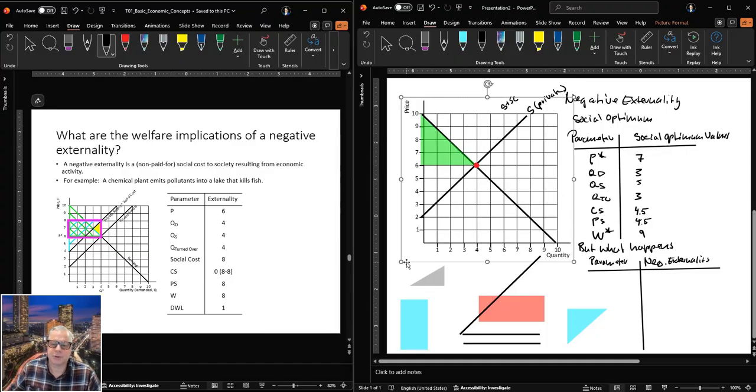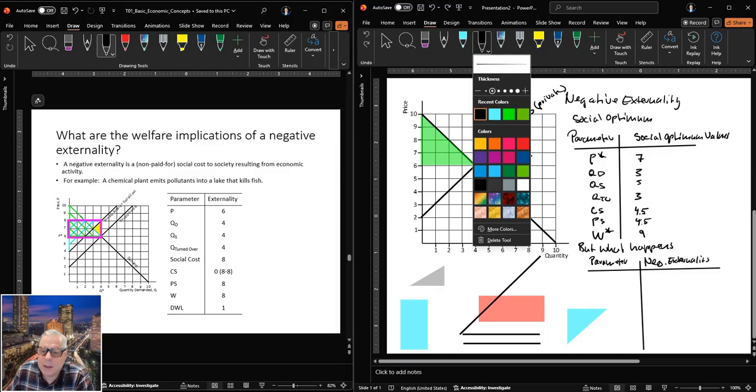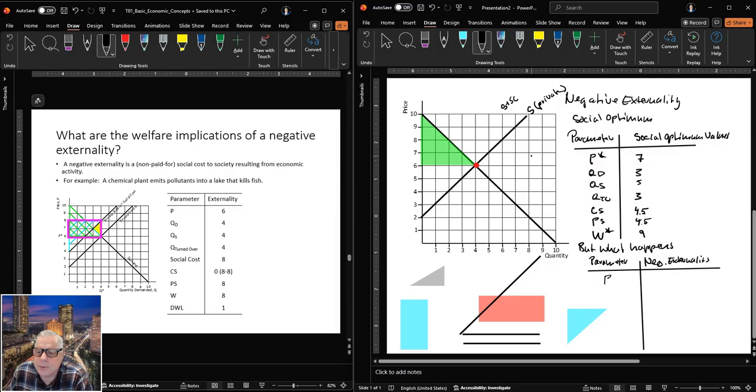What do we have so far? We know that the price without the internalization of the negative externality is 6. So now we have this price here. The price is 6. The quantity demanded, the quantity supplied, and the quantity turned over is all 4.